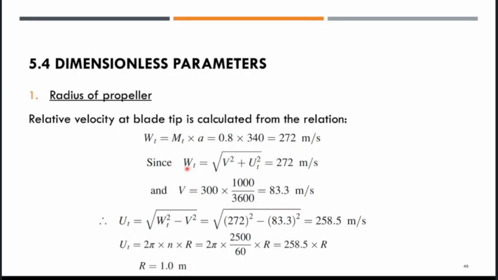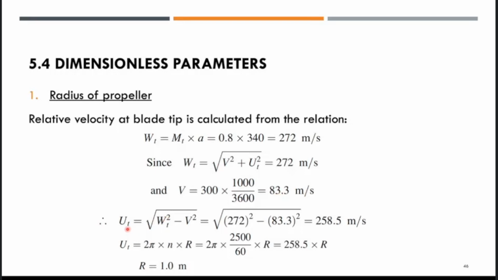Since Wt is equal to 272 and the speed V is 300 kilometer per hour, we convert it into meter per second: 83.3 meter per second.